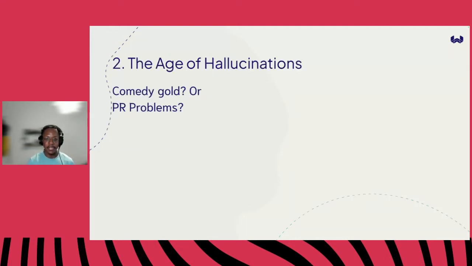And then we started to see this age of hallucinations. We were really excited about this piece of software. We were excited about where we could take it. We were excited about what we could do. But then we were met with the experience of hallucinations. If you know anything about these large language models, they're trained on a specific data set, and so all of their output is at least supposed to match the data set that they were trained on.